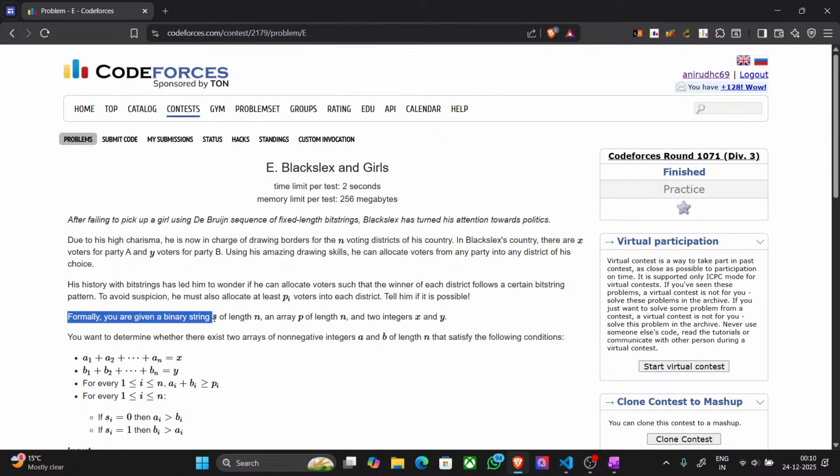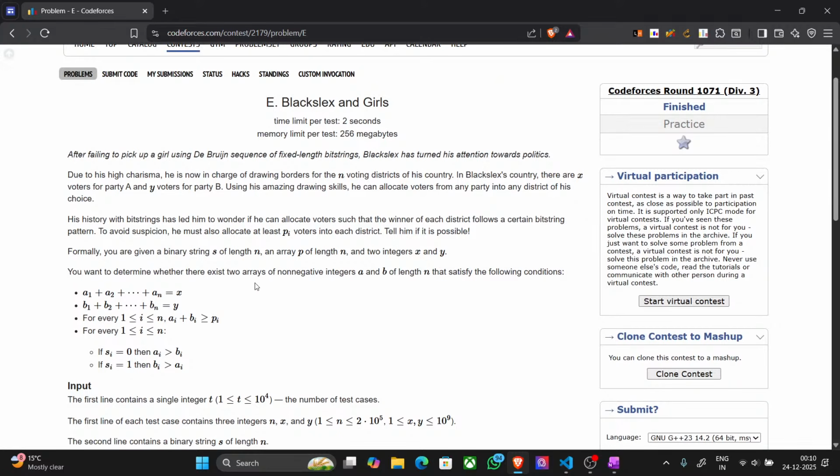Formally, you are given a bit string S of length n and an array P of length n, and two integers x and y. You just need to determine if there exist two arrays A and B of length n which satisfy the following conditions.